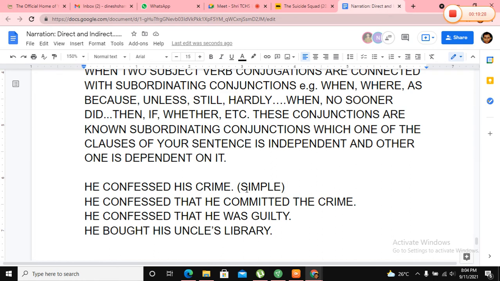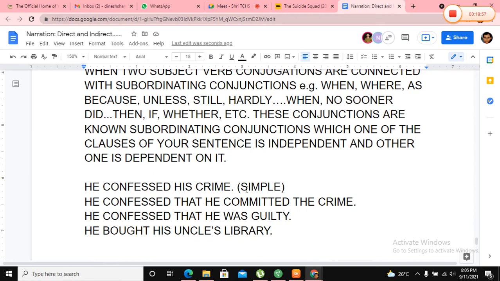So you can make simple to complex and complex to simple, vice versa. If I tell you to convert a complex sentence into simple, then you can change the part of speech. That he committed a crime will become his crime.